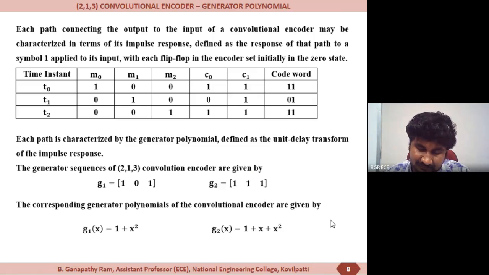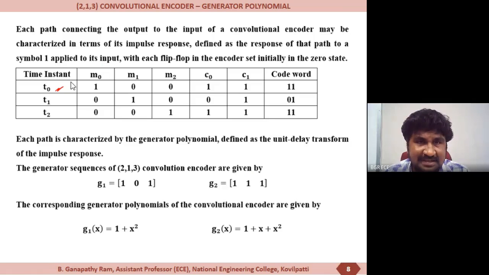Generally, the impulse response of a system is determined by applying an impulse input and getting the response at the output of the encoder. Let us apply an impulse at time t0, and for all the remaining times the input will be 0.